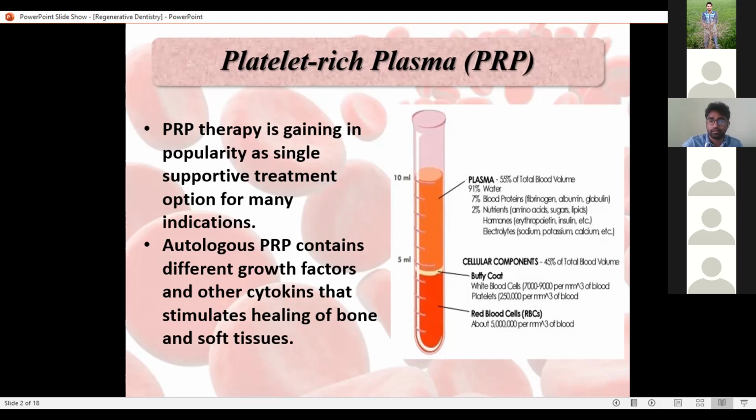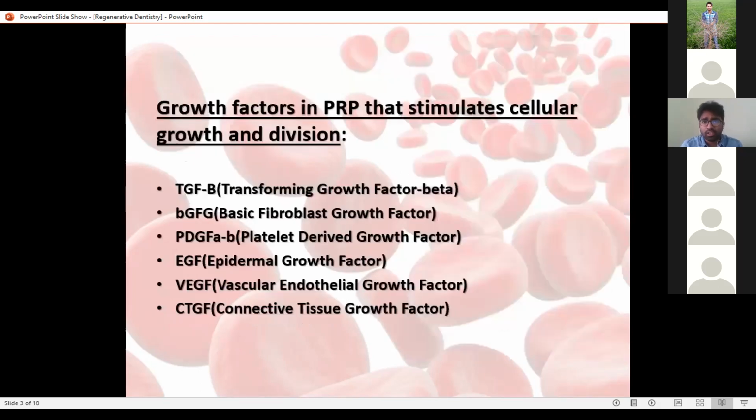Go ahead, please. Okay. So there are different growth factors in PRP that stimulate cellular growth and division. These include transforming growth factor beta, basic fibroblast growth factor, platelet-derived growth factor, epidermal growth factor, vascular endothelial growth factor, and connective tissue growth factor.